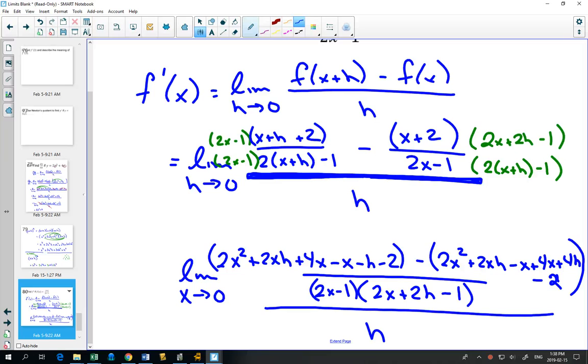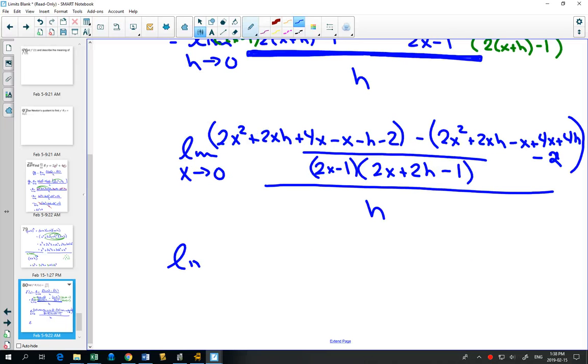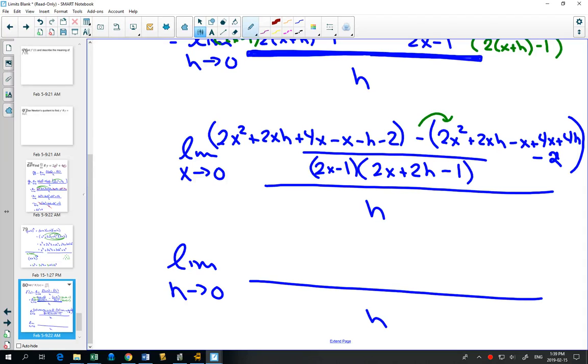But now that I've expanded that, can I simplify my numerator at all? Limit as h goes to 0, big line, h. Well, 2x squared, remember this minus sign is going to get distributed to all of those. Can you see that your 2x squared and your minus 2x squared are going to cancel out? And I'm going to have a 2xh and a minus 2xh.